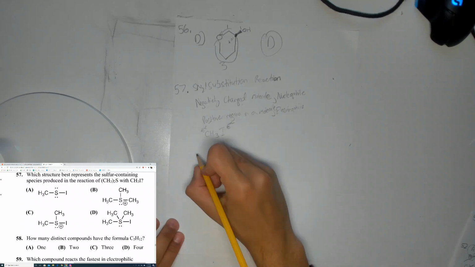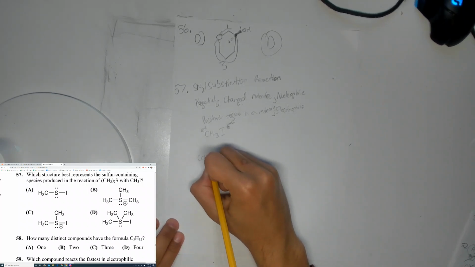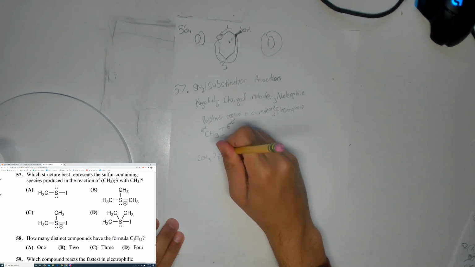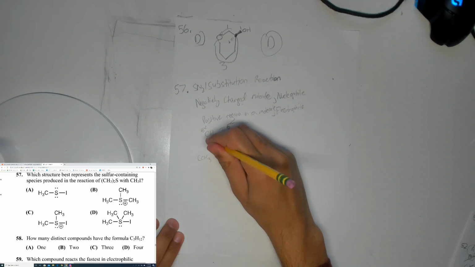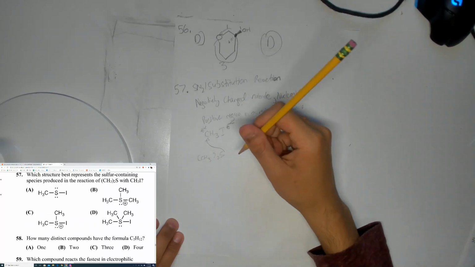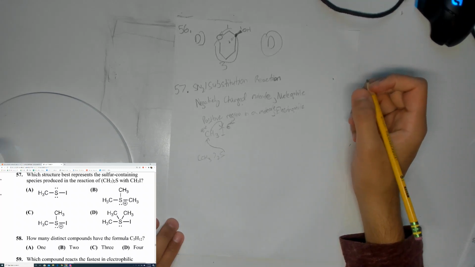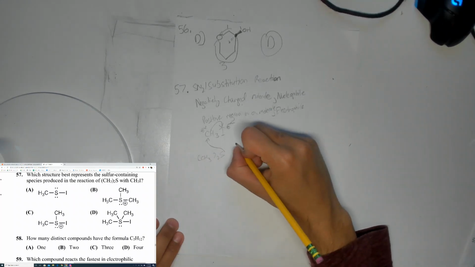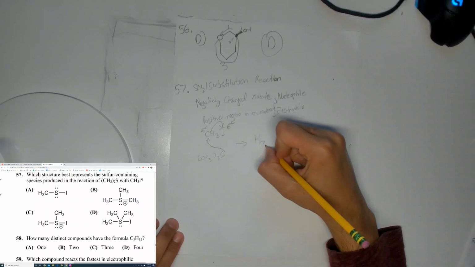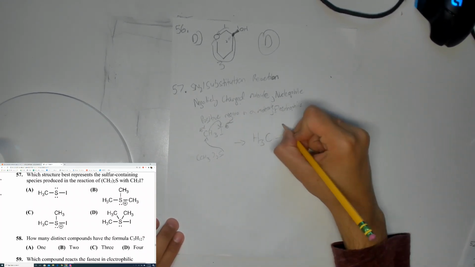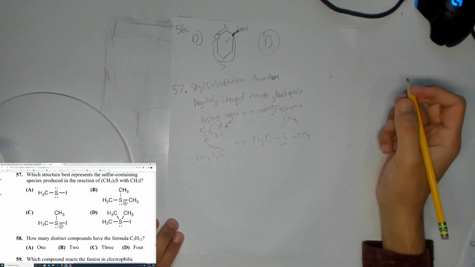And something like sulfur, which bears lone pairs, will attack, since it's negative, it will attack this molecule, right? And to satisfy the octet, nitrogen leaves. So then when nitrogen leaves, you will get the molecule CH3, CH3.